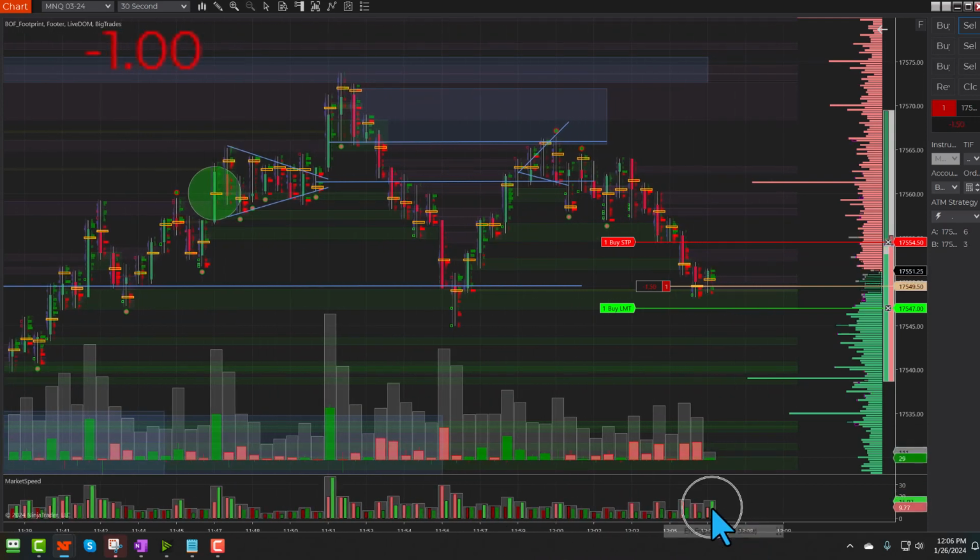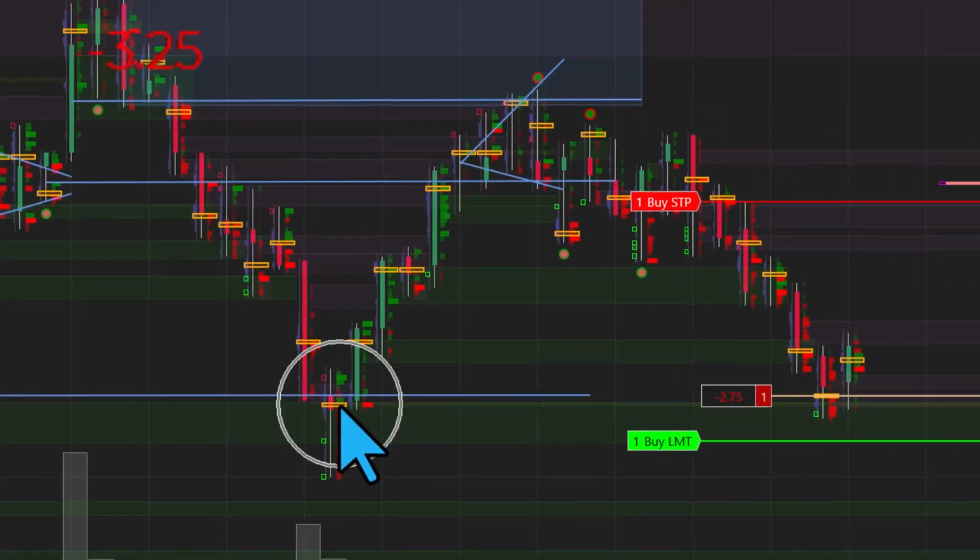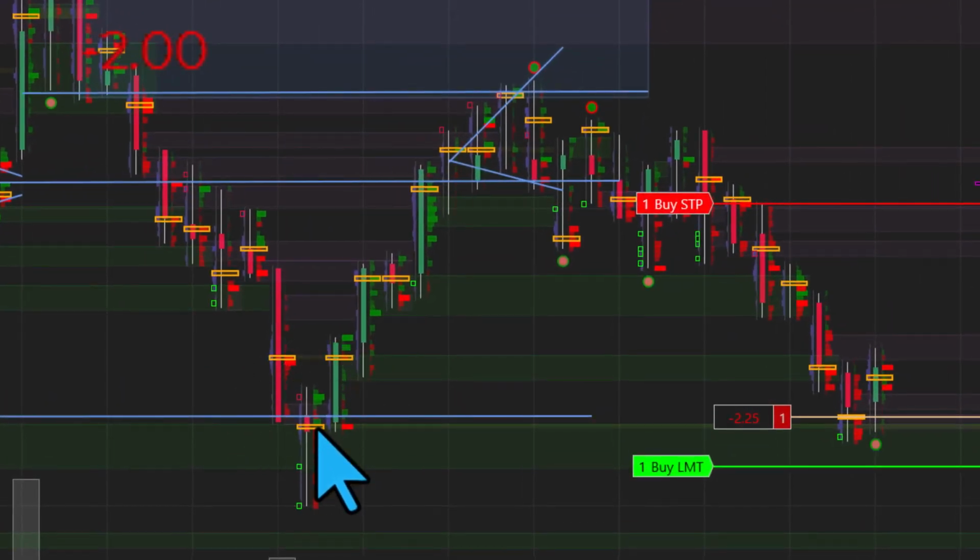So the speed of tape is saying, hey, give me more room, because those green guys start shooting up. And you see this POC? That's the resistance right here. This POC and that POC on that candle, the same exact level.